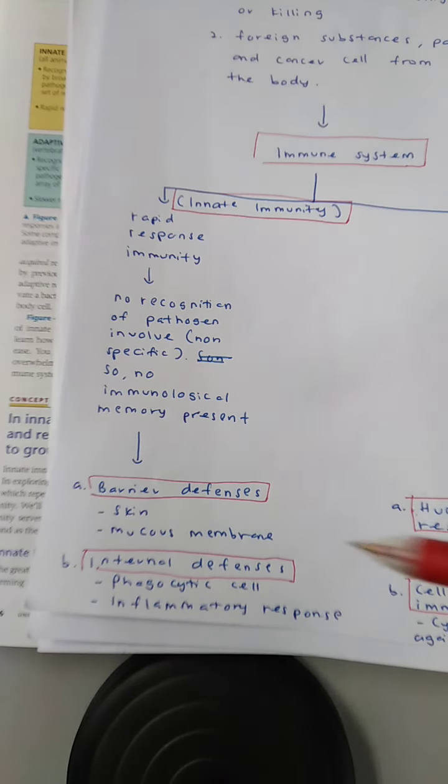Yang kedua adalah internal defense. Sekiranya any foreign substance, bakteria tersebut berjaya merentasi barrier tadi dan masuk ke dalam salur darah, masuk ke dalam sistem internal body, salur darah, maka datanglah phagocytic cell. Contoh phagocytic cell adalah macrophage. Dia akan engulf the virus, they will engulf the bacteria. Maka engulfment of bacteria dan juga virus tadi tak memerlukan recognition.